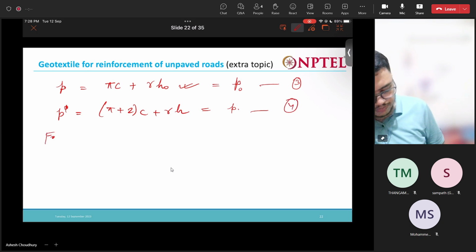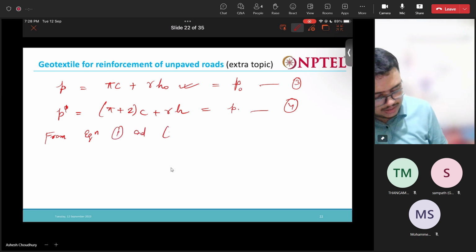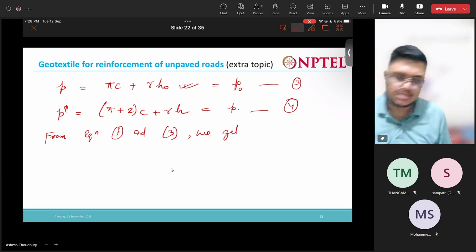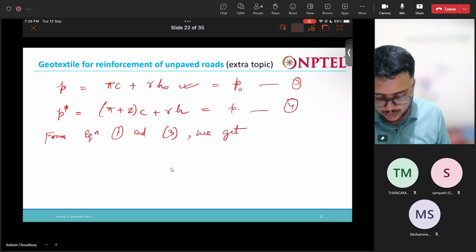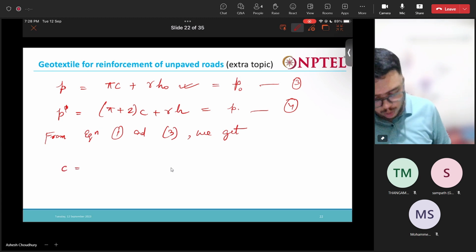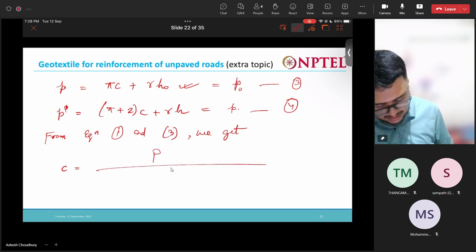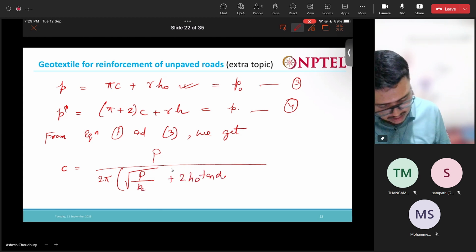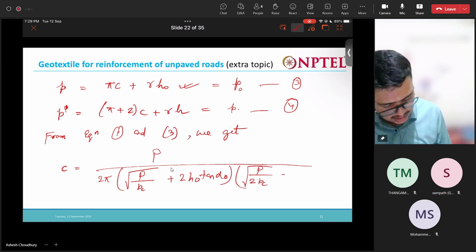From equation 1 and 3, if we equate these two equations, we can get the cohesion C as P by twice pi, root over P by PC plus 2H naught tan alpha naught, again root over P by twice PC plus twice H naught tan alpha naught.